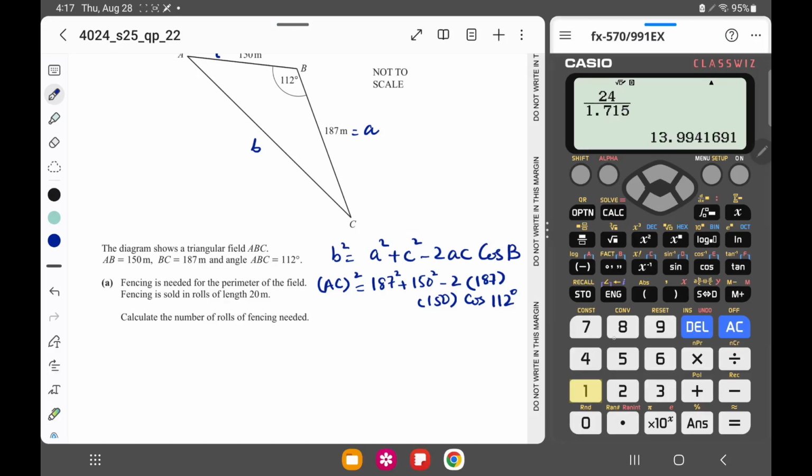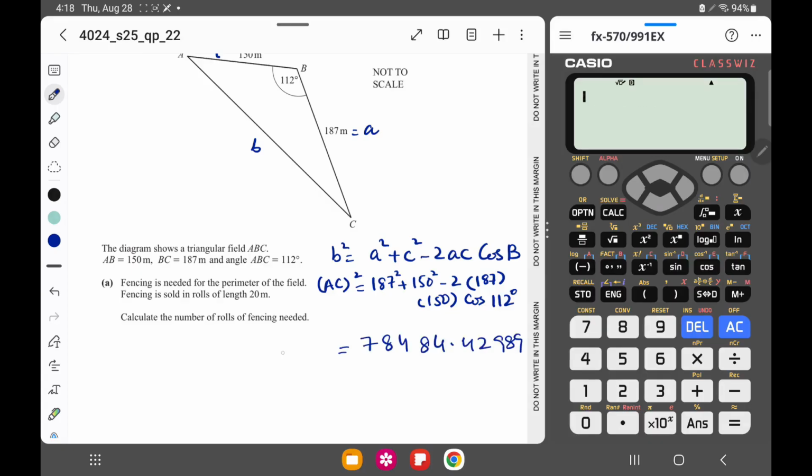Right, now 187 square plus 150 square minus 2 times 187 times 150, cos of 112 bracket close, and then you get a number which is equals to 78484.